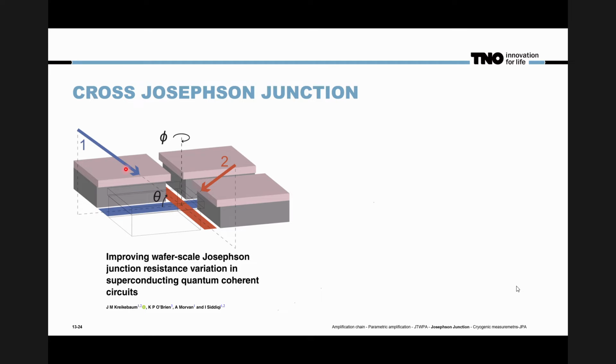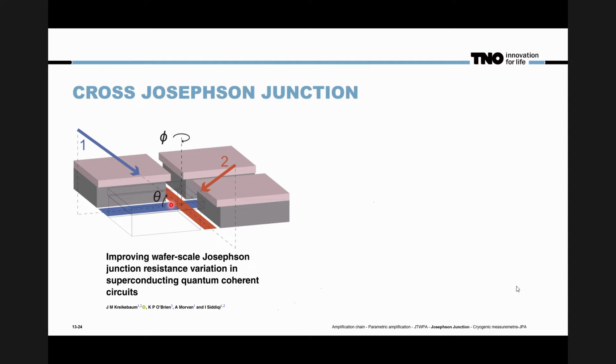If it's evaporated from this angle, the features will block the aluminum in channel 2, if it's the orthogonal channel to channel 1.